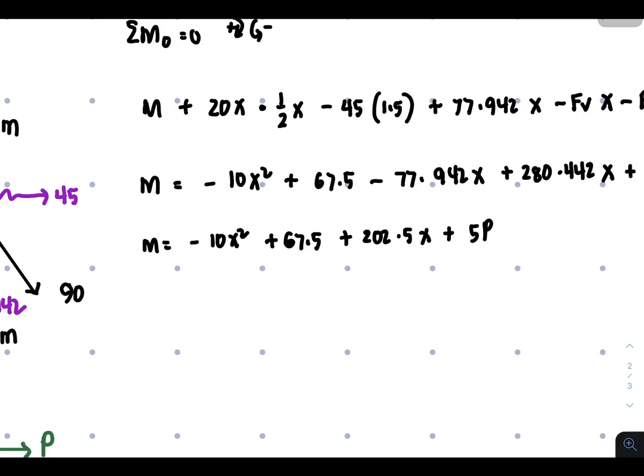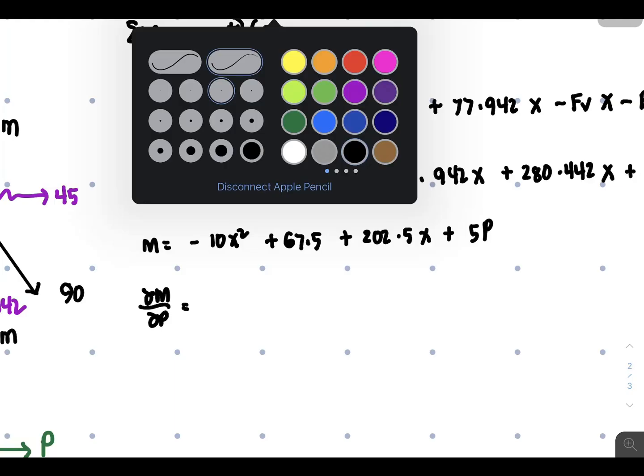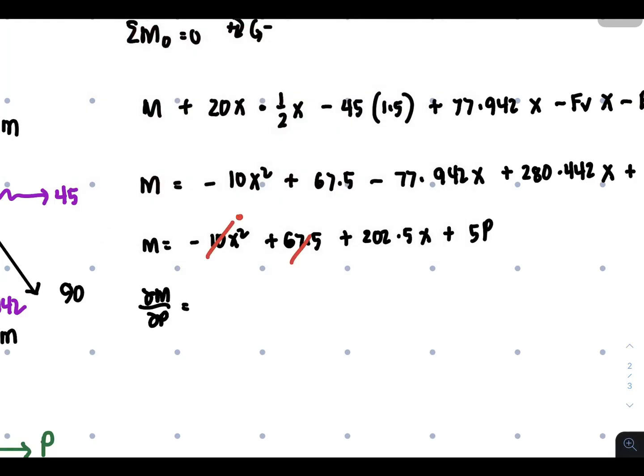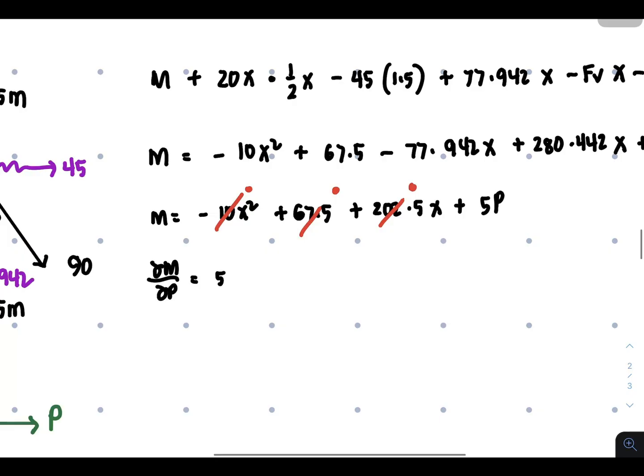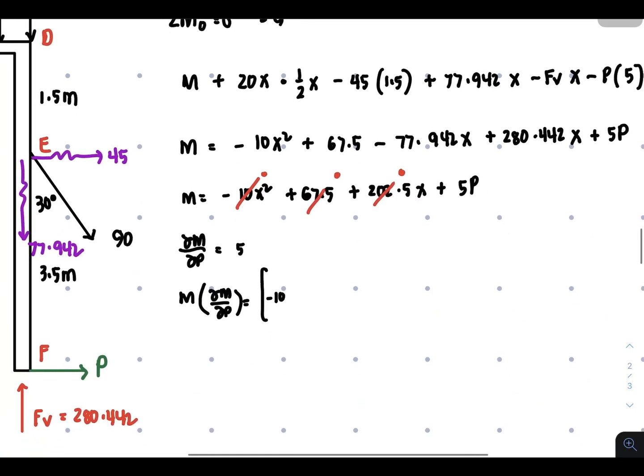So in this case, it's already simplified. Let's get now the partial derivative of M with respect to P. So setting all the values except P to 0. So this is partially 0, and the value here is 5. So therefore, the product of the two becomes negative 10x squared plus 67.5 plus 202.5x, then plus 5P, multiply it with 5.